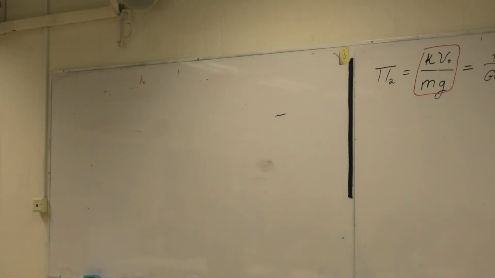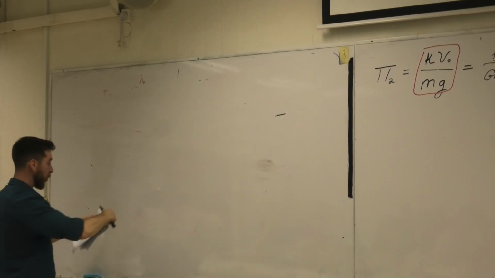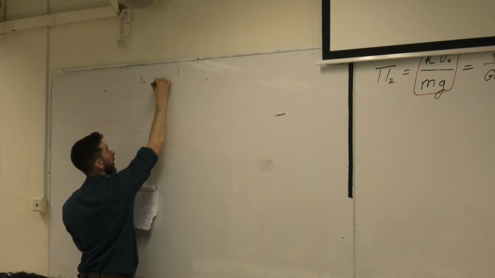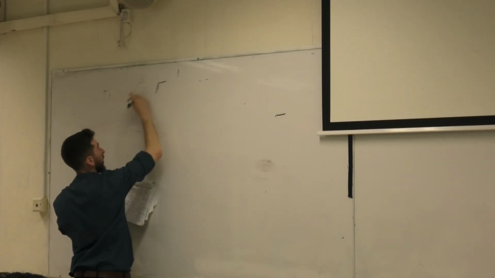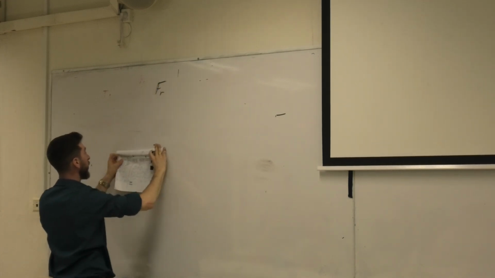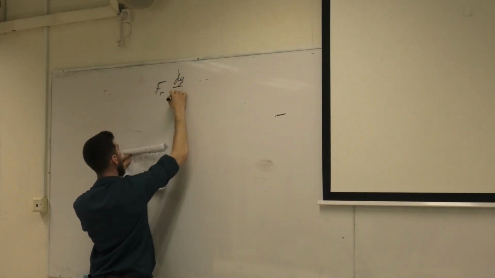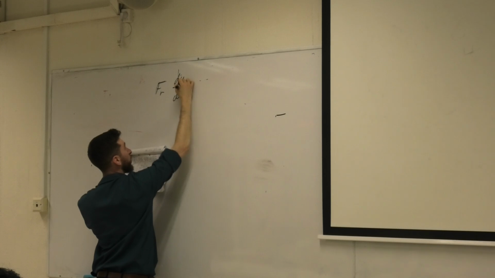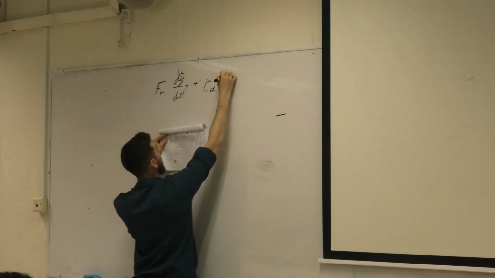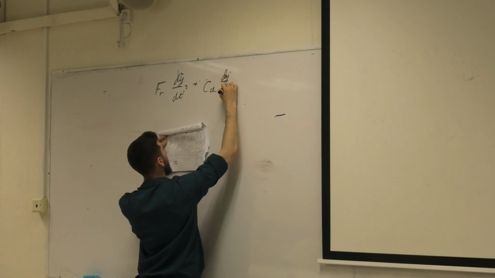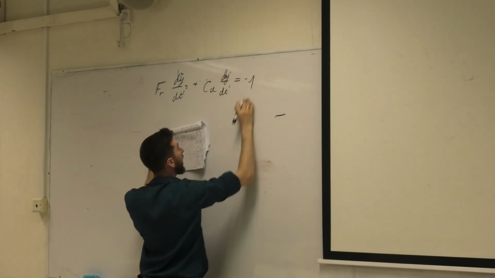So we actually got that our equation looks like this, right? We have the Froude number in the front, d2y over dt2, plus CD dy over dt equal -1.